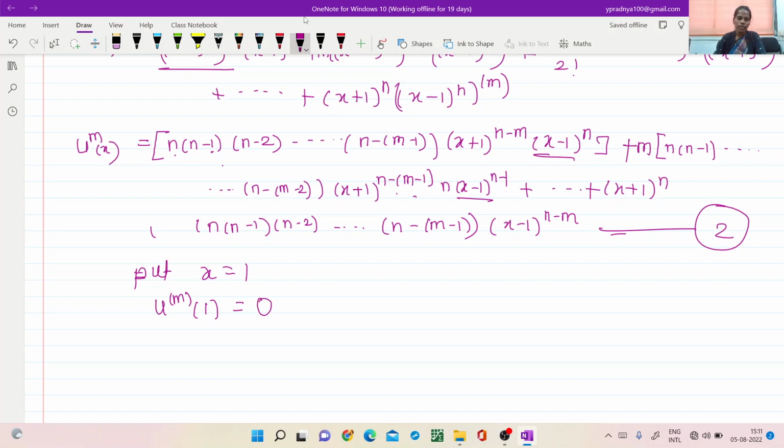Similarly, if we put x equal to minus 1 in equation 2, in each term there is an (x plus 1) factor, so the RHS is equal to 0. Hence, the mth derivative of u at 1 equals the mth derivative of u at minus 1 equals 0. Hence, the proof. Okay, thank you.